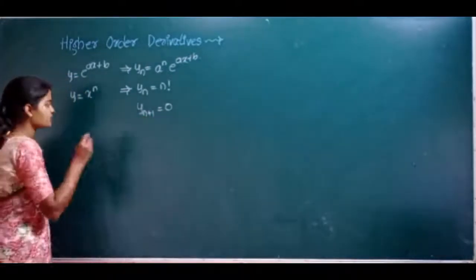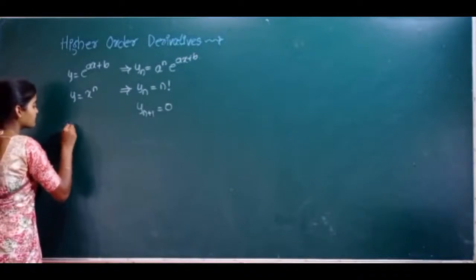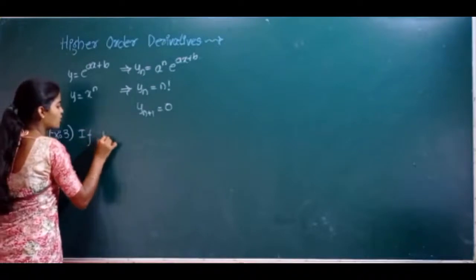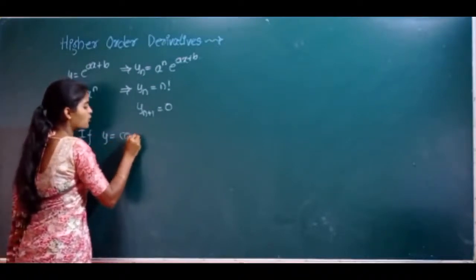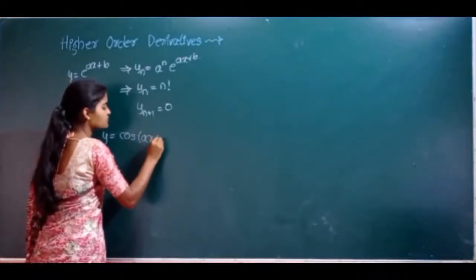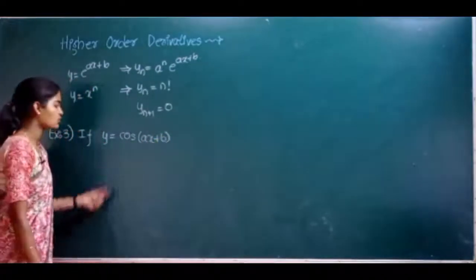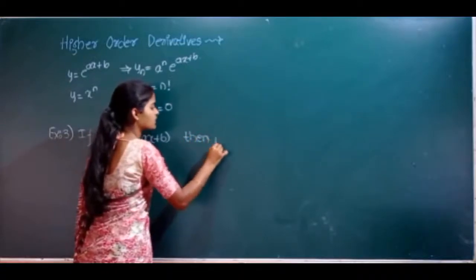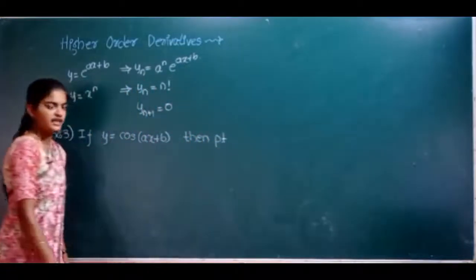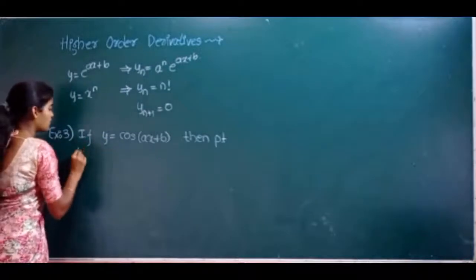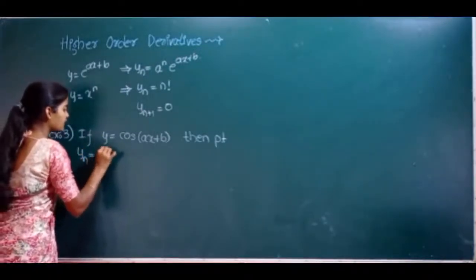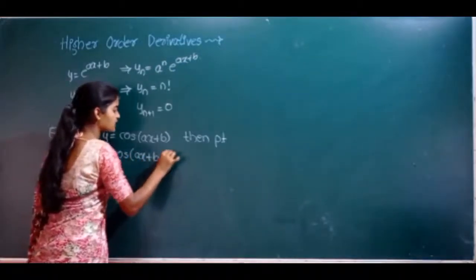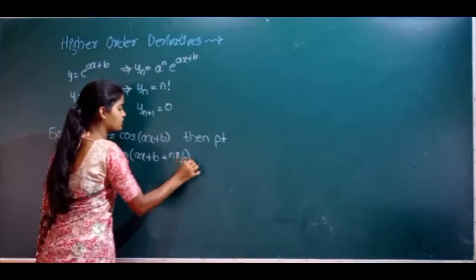Okay, next we will take the third example, example 3, that is, if y is equal to cos ax plus b, then prove that yn is equal to a raised to n cos ax plus b plus n pi by 2.